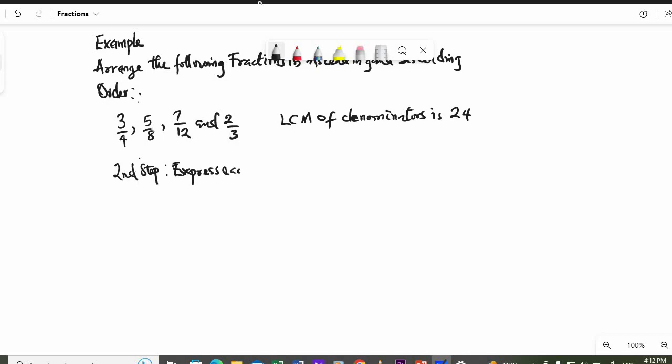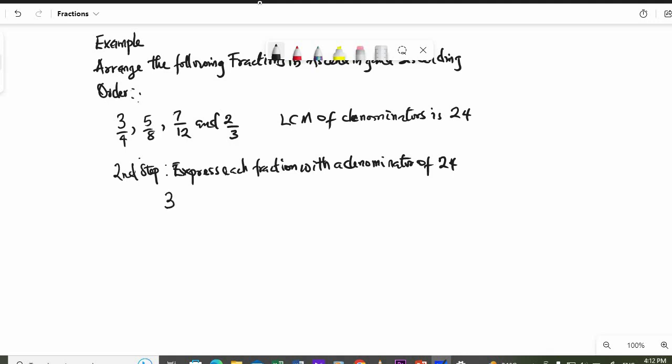Express each fraction with a denominator of 24.